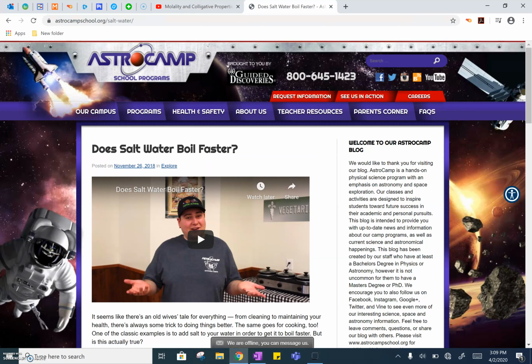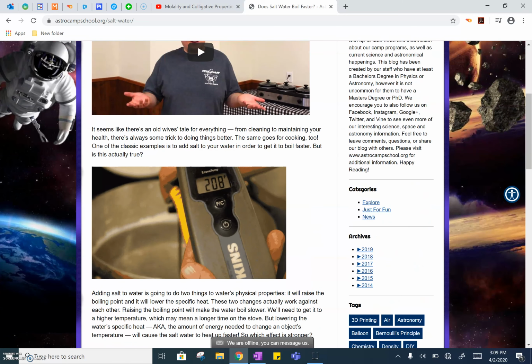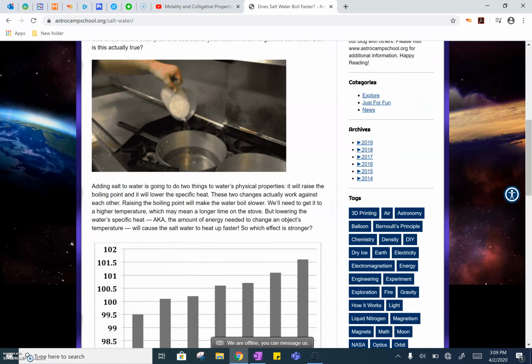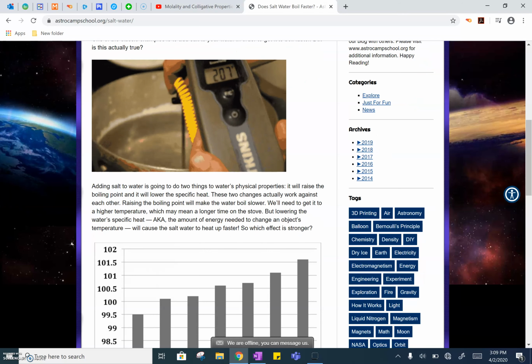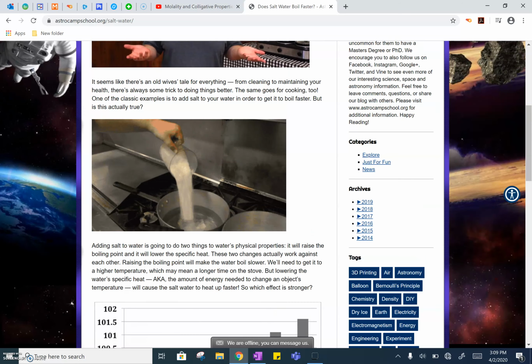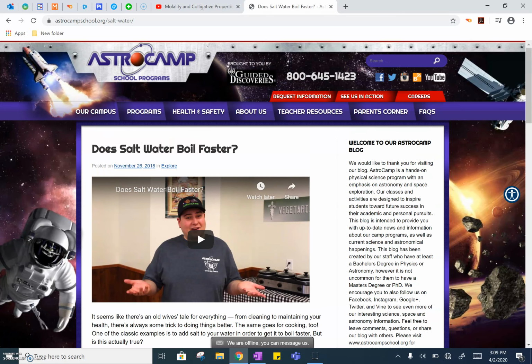They actually did an experiment, does salt water boil faster? And they explain it a little bit more, since there's also another concept that you have to take into account, which is specific heat, okay? I would say overall, it doesn't make your water boil faster. Most of the time, people just add salt to their water when making pasta just to add more flavor. So if you're interested in that, you can find out more.